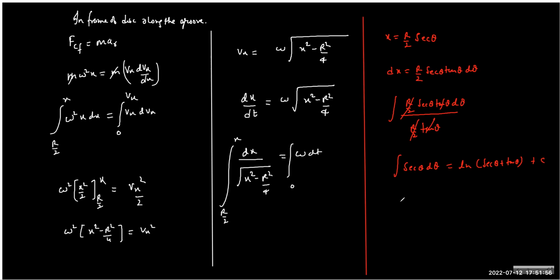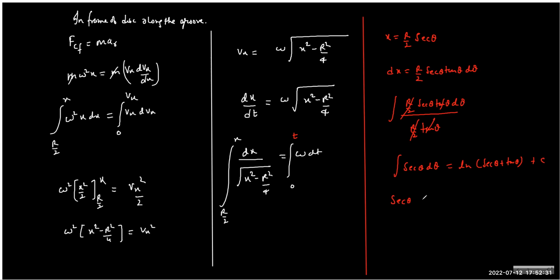So sec theta and tan theta from r by 2. Okay, what is r by 2? If you put x equals r by 2, theta will be 0, or sec theta will be 1, right?